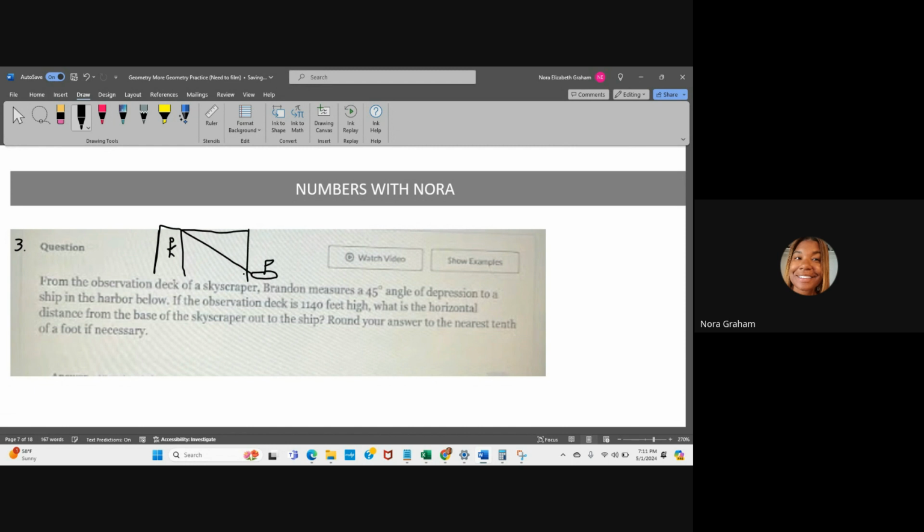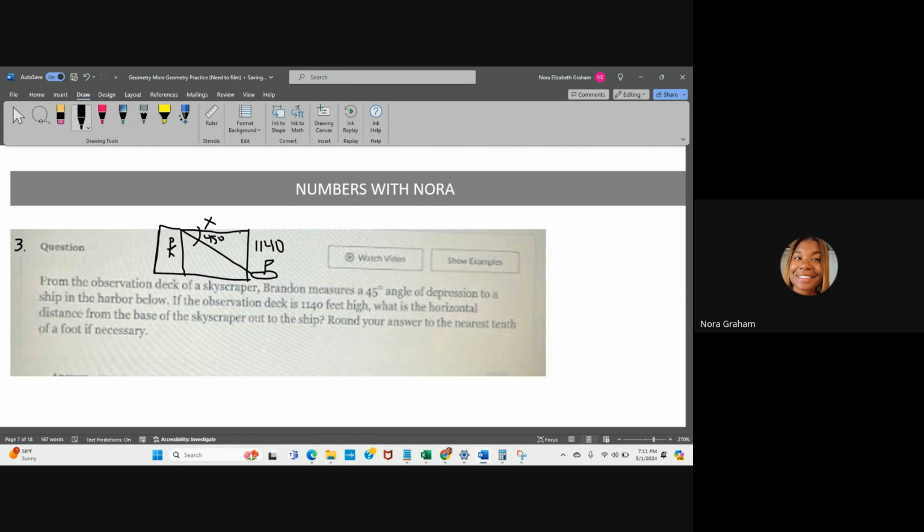So now I still know this is 1,140. And I don't know how far across, which I can measure up here or down here. I'll just put it up here because we have our triangle up here. And then our angle of depression right here is going to be 45 degrees.